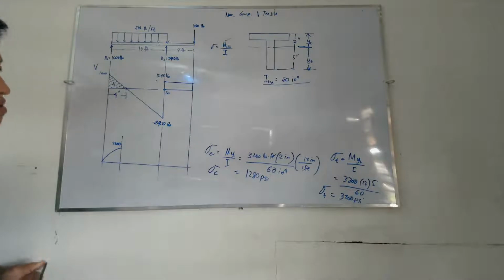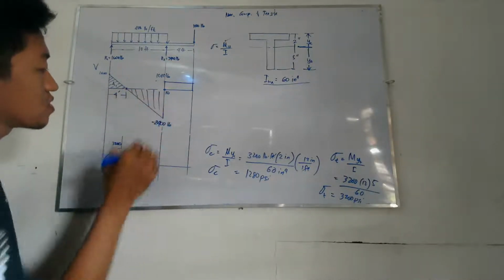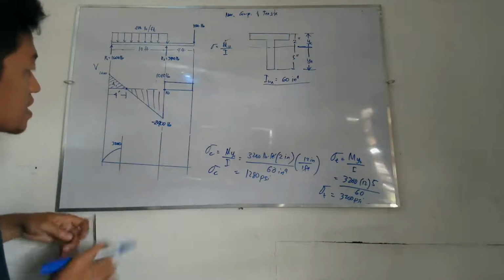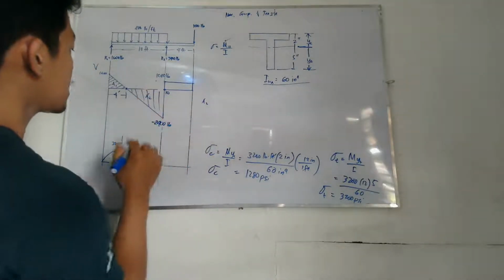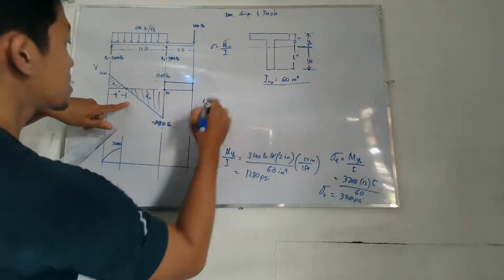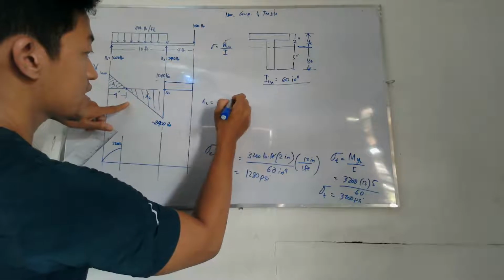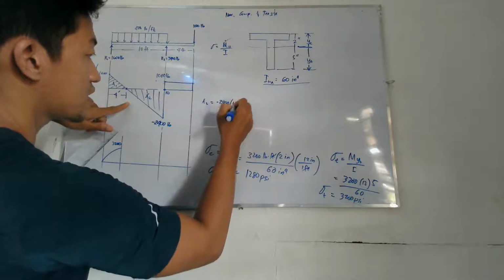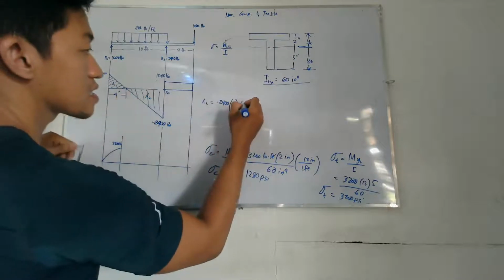Kanya kani kay negative man eh. Kaya nasa ubos. Bilang area ni, area 2 is negative 2,400, 1/2 times kani. 6.